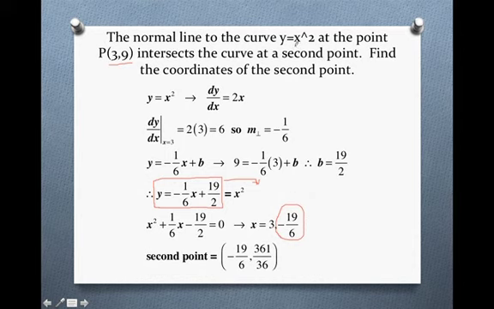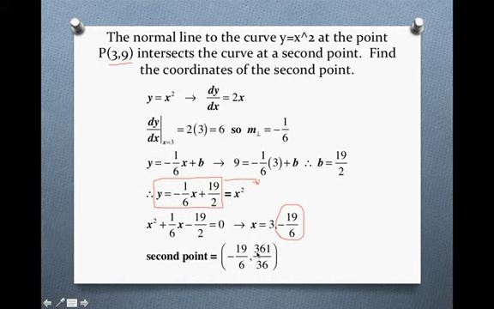So if I know that x is -19/6 and then I square it, that should tell me the y value. So the coordinates of the second point is this beautiful looking point here. You can tell I invented this question, so it doesn't come out nice and neat, but the process is what you really need to know here.